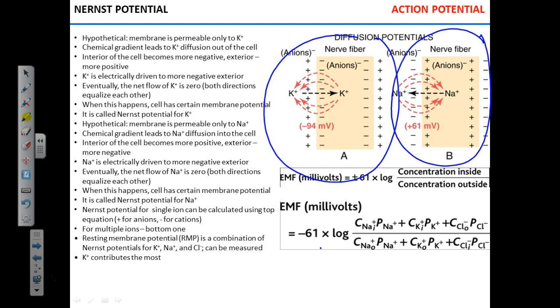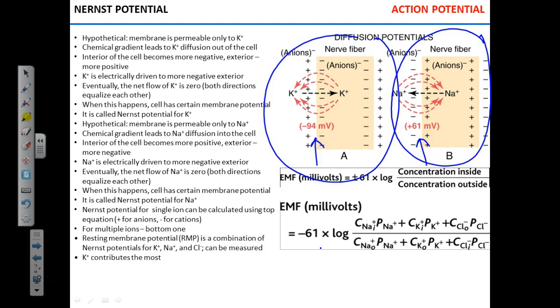So the Nernst potential for potassium, as we figured out, is negative 94, and the Nernst potential for sodium is plus 61. If the contribution of both ions to the resting membrane potential were equal, then it would be negative 33, negative 94 plus 61, okay?